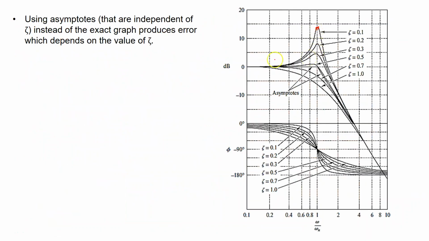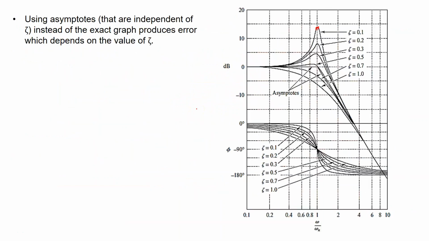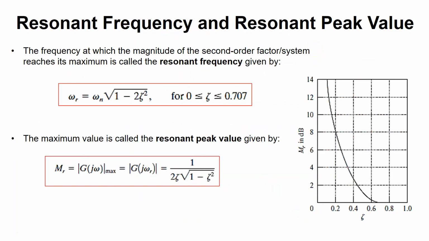When we have a second order system, which we are studying right now, if zeta is between 0 and 1 over square root 2, then the curve shows a peak, and the frequency at which the peak occurs, we call the resonant frequency, and the value of the curve at that, we call the peak value, or resonant peak.